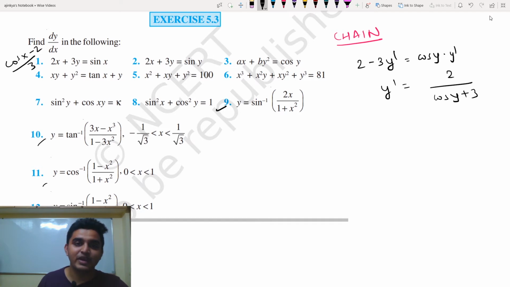In the third question, we have ax plus by square equals to cos of y. In this case also we are going to have different types of dy's, and we have to be careful about solving them since they are on the opposite side of equation.